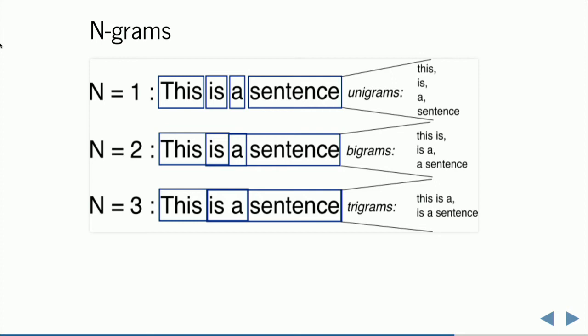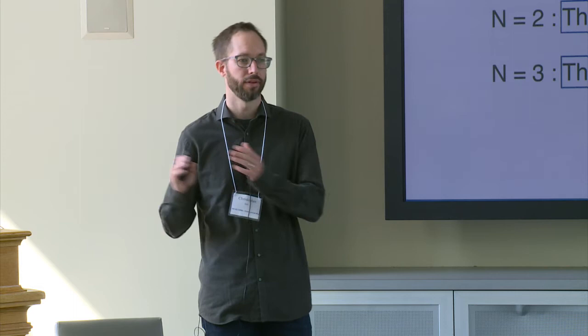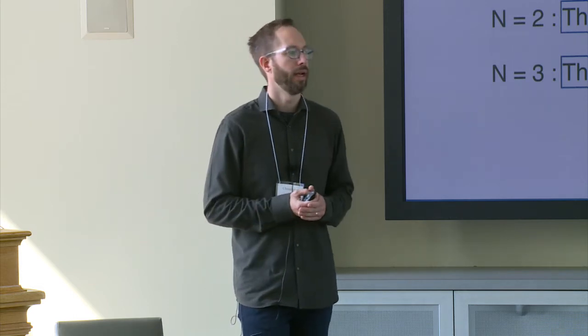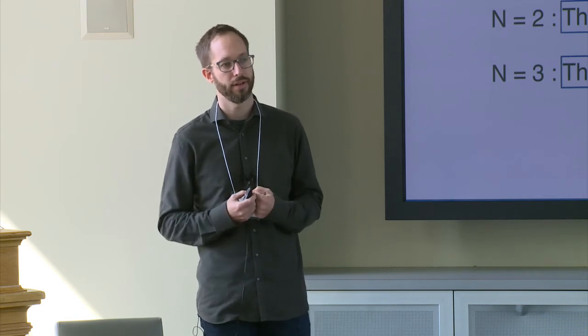Why might we want to use sequences of words instead of individual words? Well, there are some times when sequences of words can really change the meaning of a sentence. So for example, if I were to say, I'd hate to be the president, that would have one meaning. And if I say, I hate the president, that would have a very different meaning. And that to be turns out to be critical in changing the meaning of that sentence.